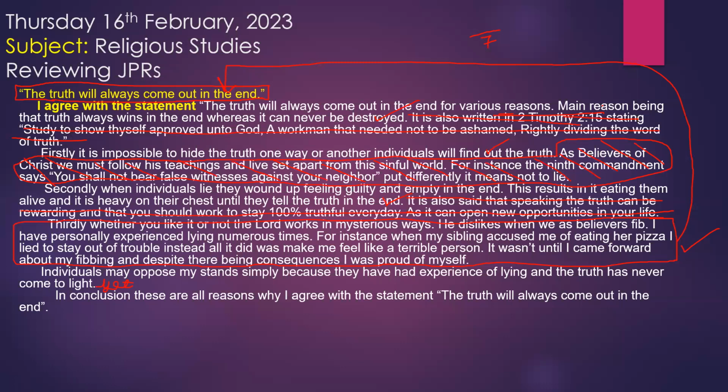Okay, does she have 4 points though? 1, 2, 3. I can find 3. All right. I only see 3 solid. Just about 3. I can't give it a 7 because it's not a perfect piece.